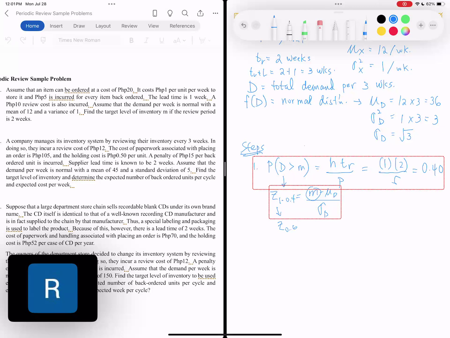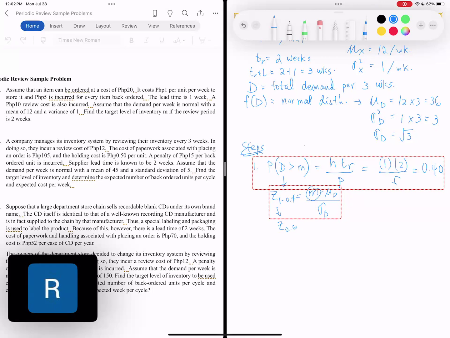The table is rounded to 2 decimal figures for z, but your calculator gives you the exact, interpolated value. So in your exam, when you look for the value of z, there's no need to interpolate. You just get the nearest z value to the probability.